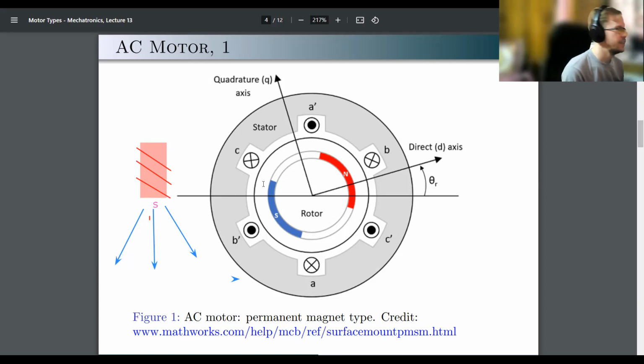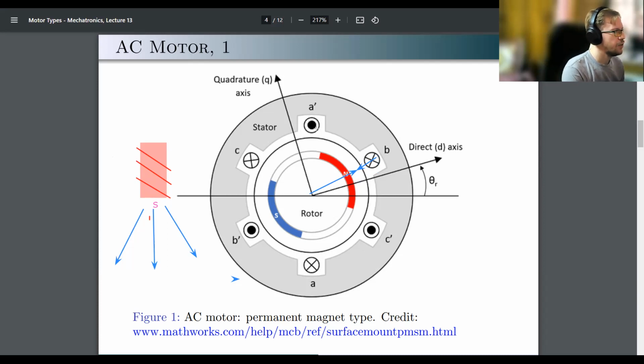We can discuss all of this in terms of the Lorentz force, as we did with DC motors, but for today I would just stick to this idea that magnets align. So this north direction of the magnet would face the south direction of the outflowing magnetic field.